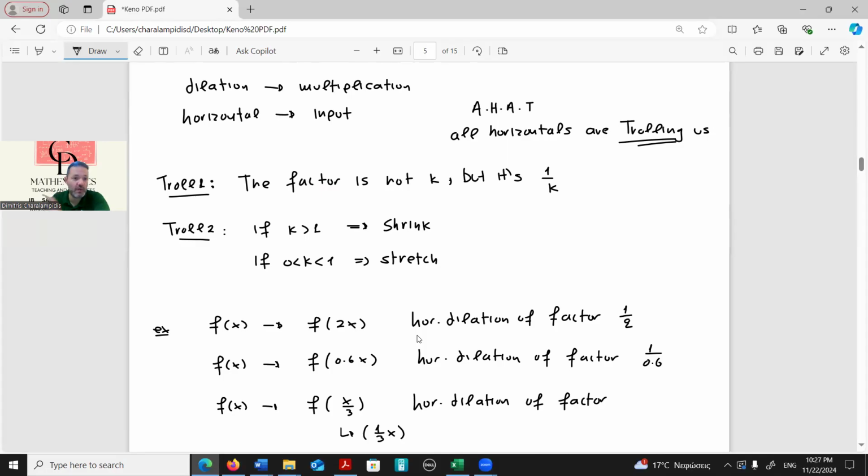So the factor will not be the 1/3, but rather its reciprocal, 3 over 1, which is equal to 3.